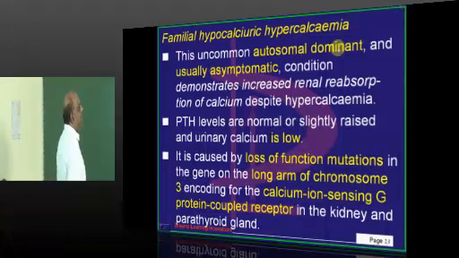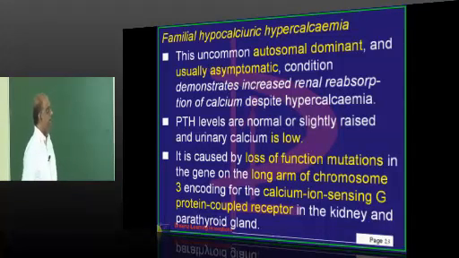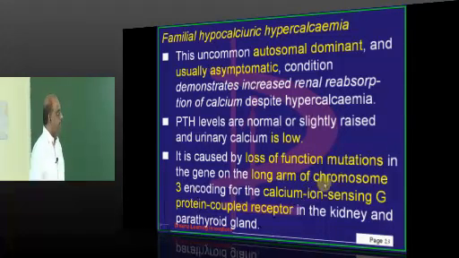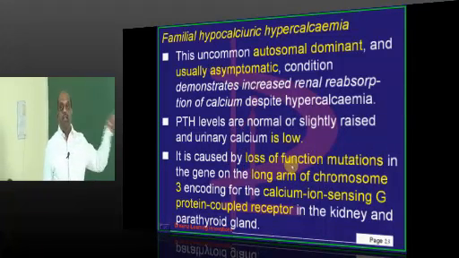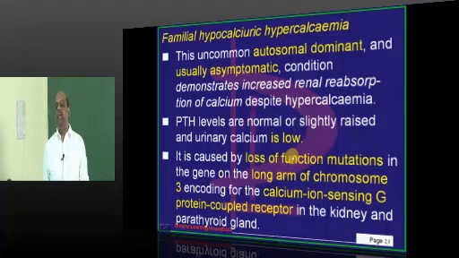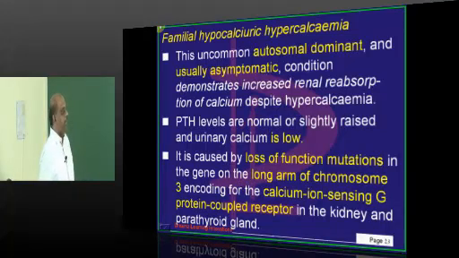So why is the tendency in them? Typically, loss of function mutations is the genetic basis. The long arm of chromosome 3 is very, very important for deciding calcium ion sensing receptors in the kidney and parathyroid gland. So they are abnormal.